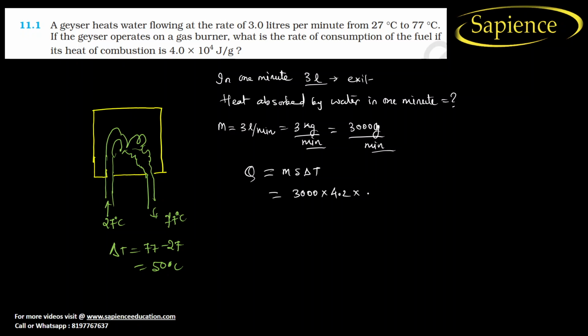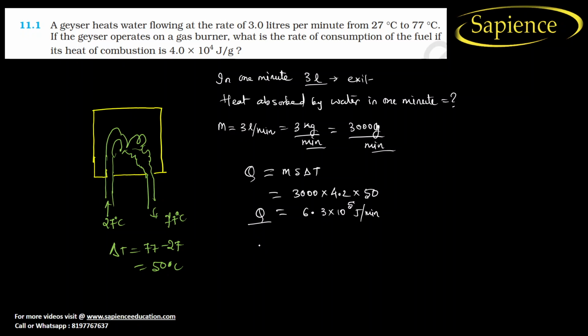And the temperature difference is how much? The temperature difference is 50. So when we multiply this, we are going to get 6.3 into 10 to the power 5 joule per minute. Okay. So this is the amount of heat absorbed per minute.